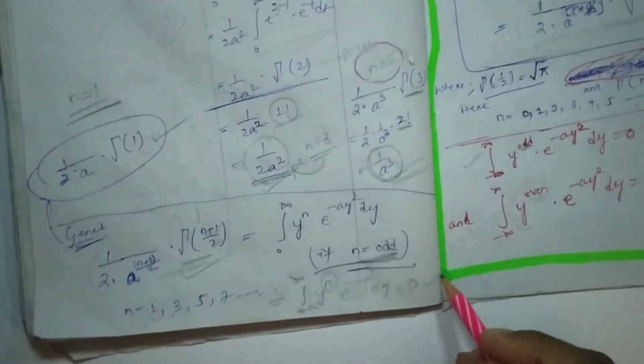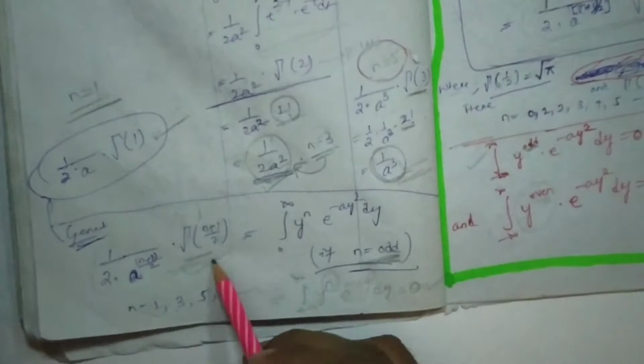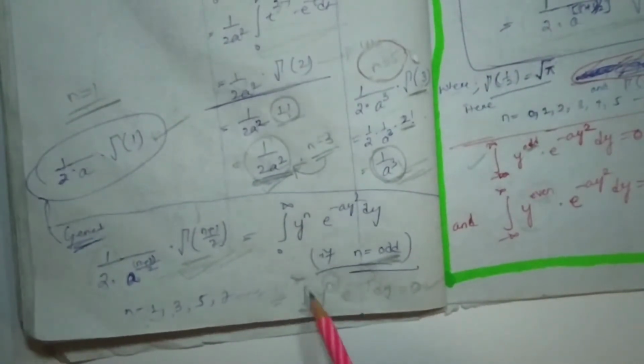Remember it is very important: from minus infinity to plus infinity, if n is odd then it will be 0.